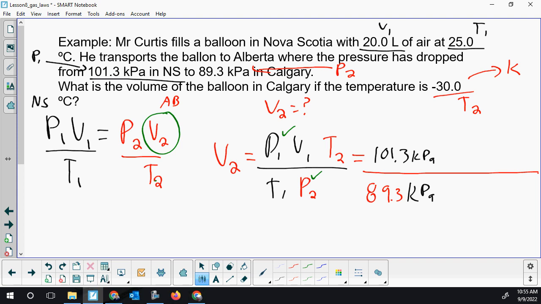When I do that, I get 243 Kelvin. You would keep all your digits in your calculator, don't round. I know I didn't write all the decimal places out, but you're leaving all your decimal places.